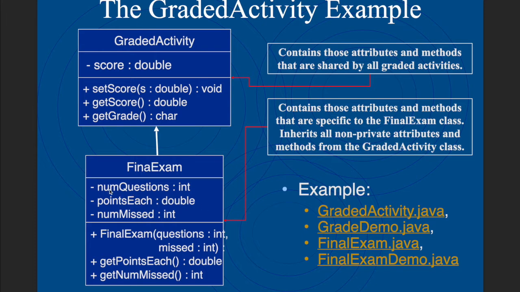We can see here private fields, number of questions, points each, number missed, and we can see here some methods. Constructor, get points each, and get num missed.